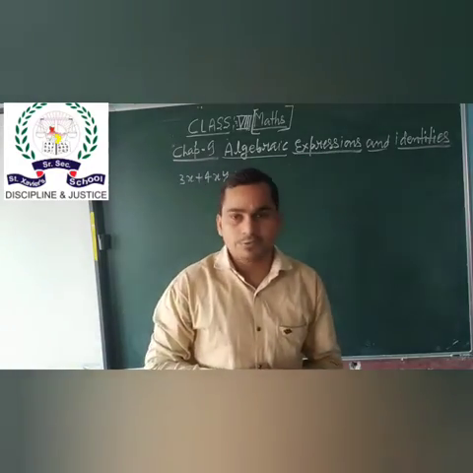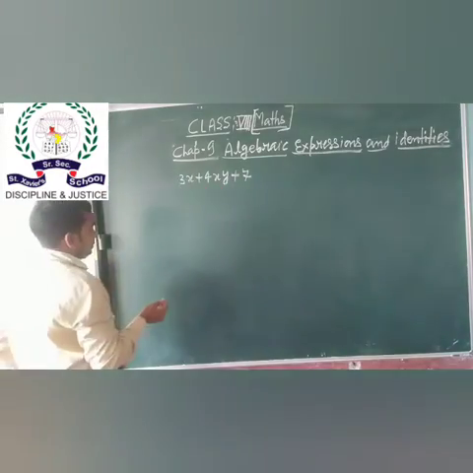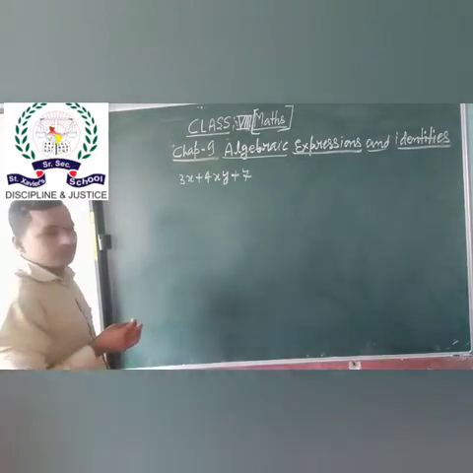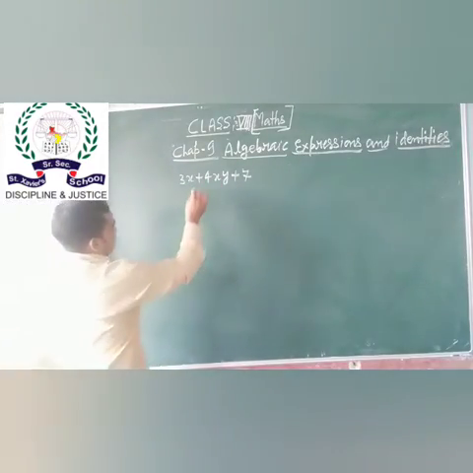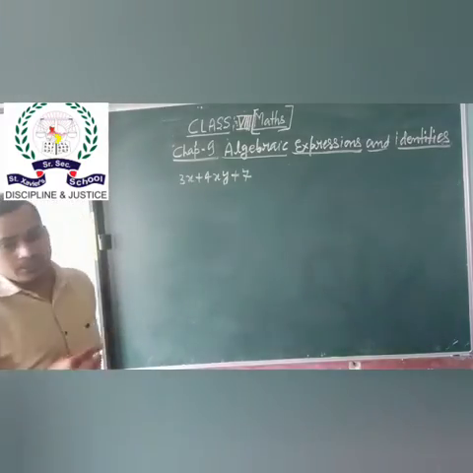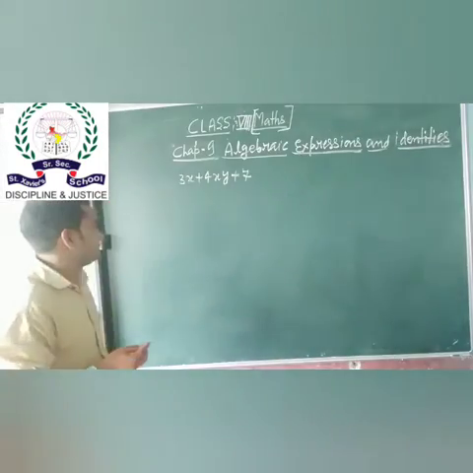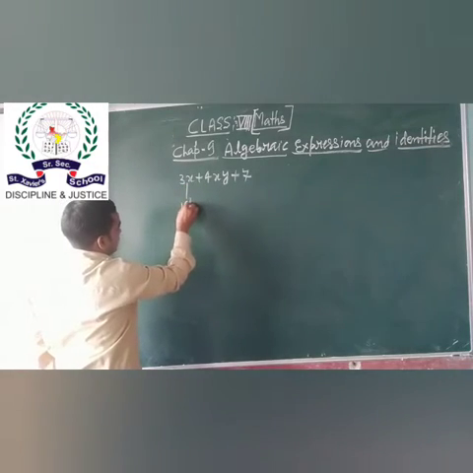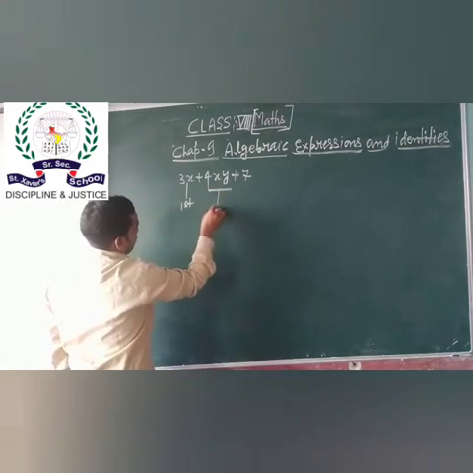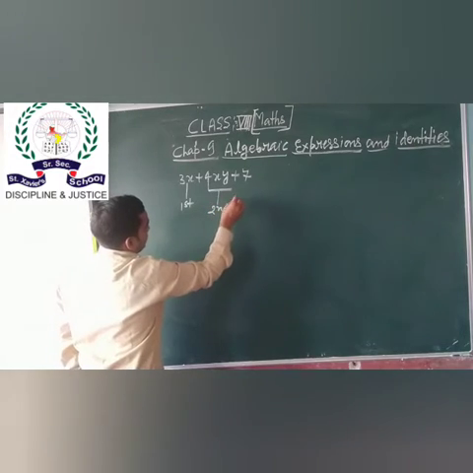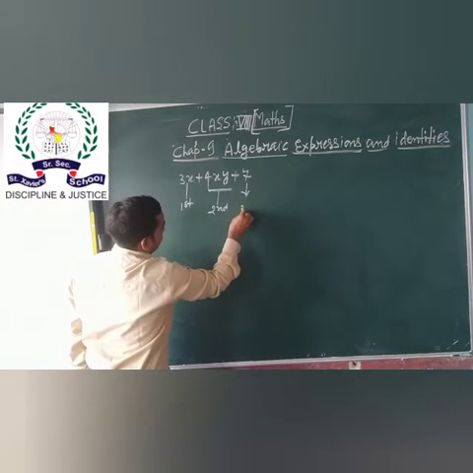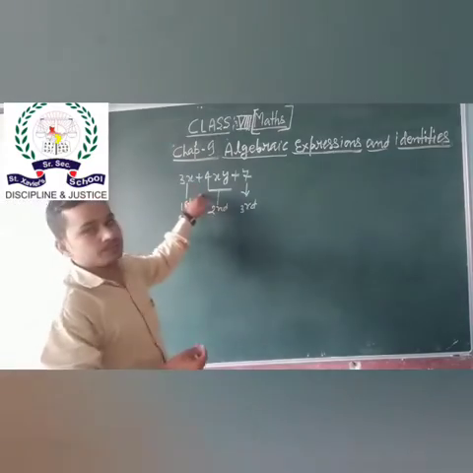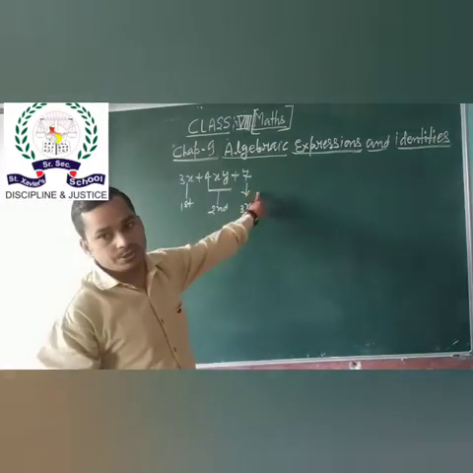Then terms of expression. How many terms in this expression? Plus and minus signs separate the terms. The expression is 3x plus 4xy plus 7.